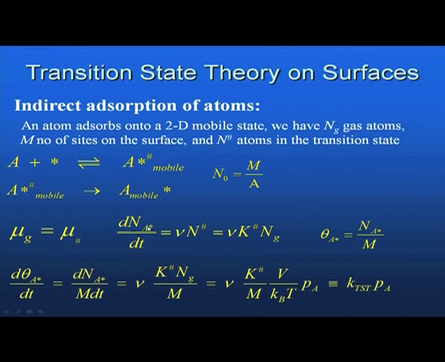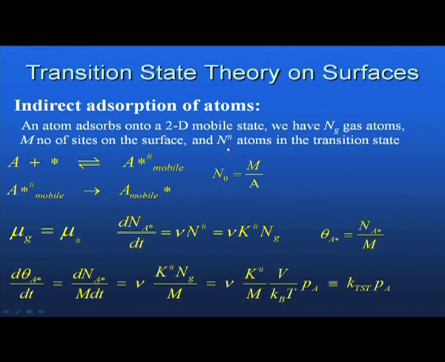Okay. So, the rate of formation of this A star is nothing but the frequency with which it is formed and your number of atoms in the dagger state, this n star.